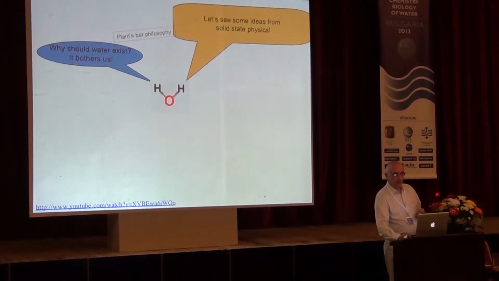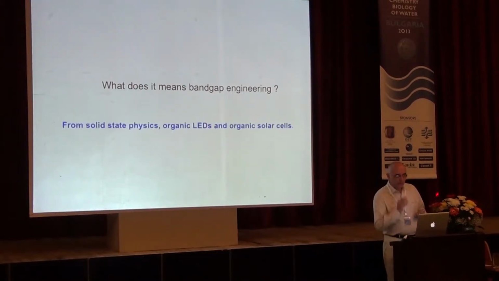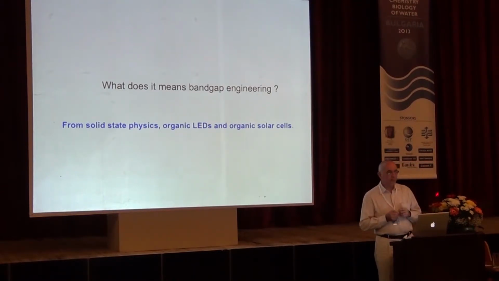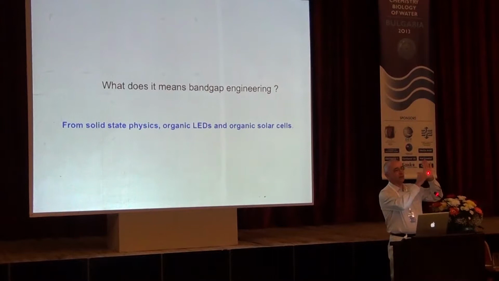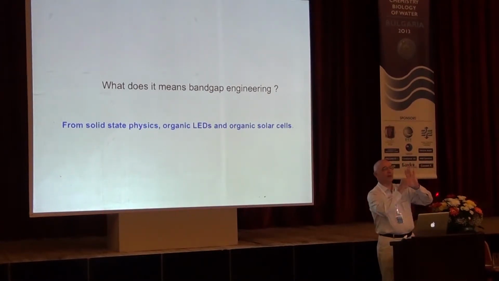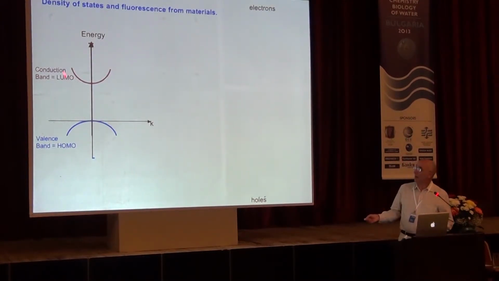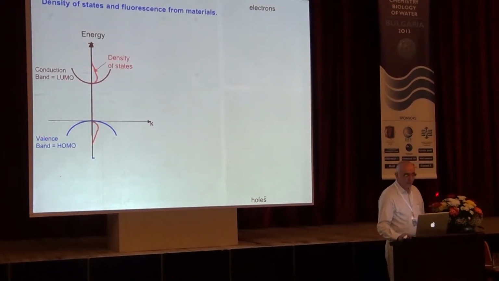So let's see some ideas from solid-state physics. What does band gap engineering mean? Band gap engineering is responsible for how this device will behave. So here I have a system where I have the conduction band or LUMO, the valence band or HOMO, and I have to consider that there is a density of states.